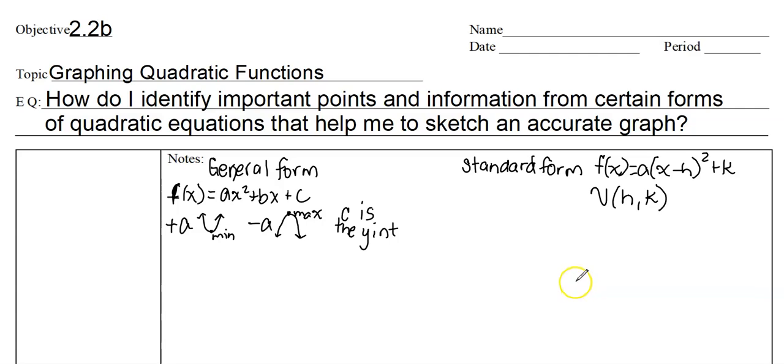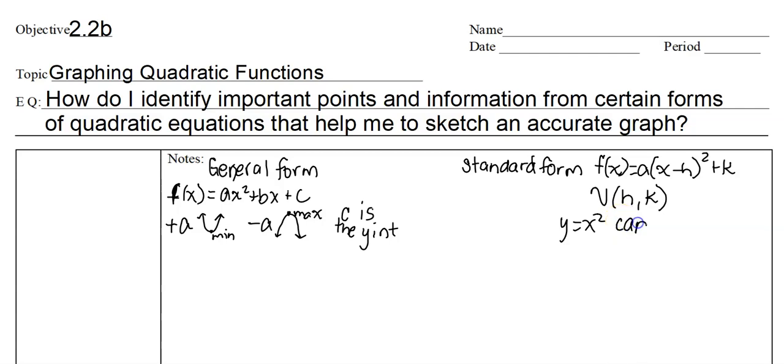Okay. Also, standard form is the transformational form. So basically, we could take the parent function y equals x squared and put it through the transformation of doing your vertical a and then shifting it h and k and graphing your parabola.